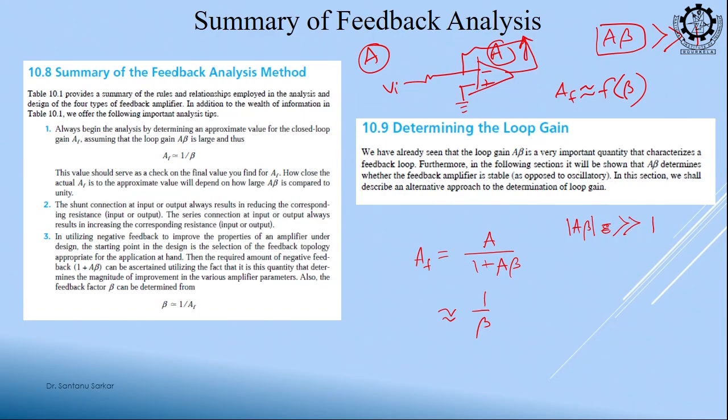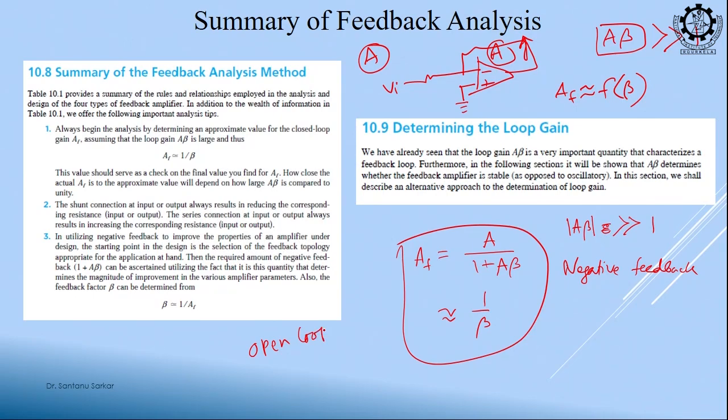How? Because of this interesting phenomenon that we call negative feedback. So, what is our open loop gain? Very large, but we are not utilizing that for gain, we are utilizing it so that our closed loop gain is well defined.